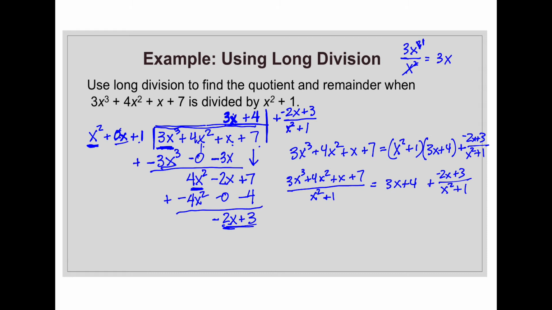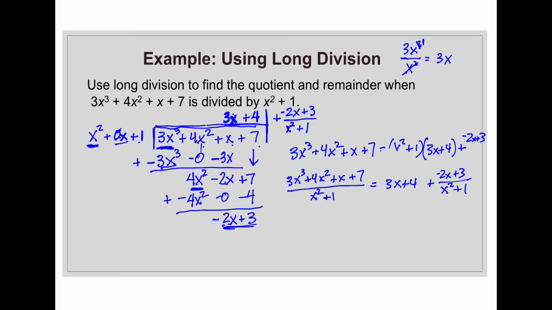And looking at what I have here, I'm actually going to go back and adjust this a little bit because the first one, I'm just going to leave it as plus the remainder. I don't need to put it over the divisor because that's over here.